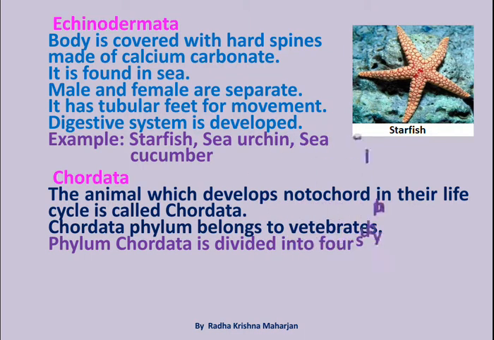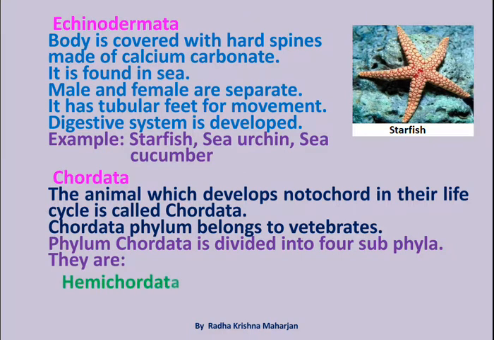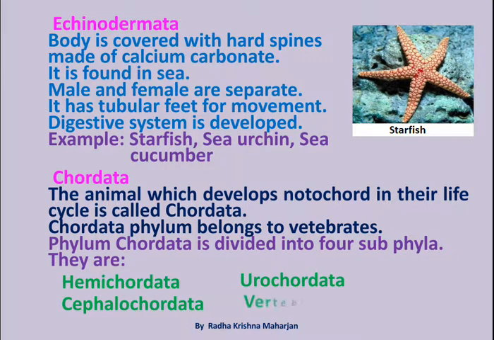Phylum Chordata is divided into 4 subphyla. They are Hemichordata, Urochordata, Cephalochordata, Vertebrata.